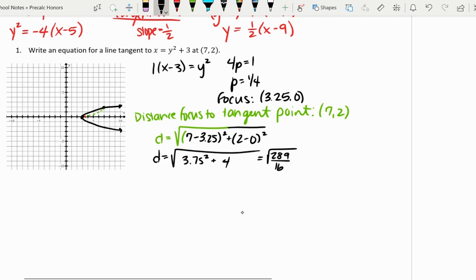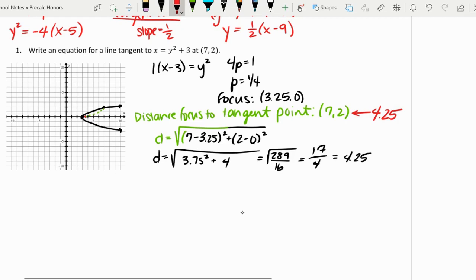I use my calculator to help me with that. And this is beautiful because the square root of 289 is 17. So that works out to be 17 over 4, or 4.25, whatever we would rather do. So that is our distance from the focus to the tangent point.